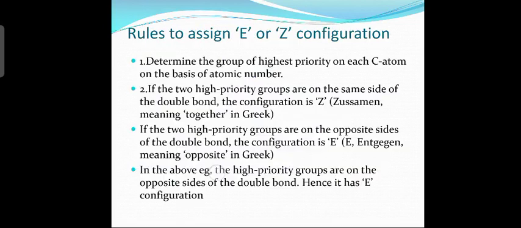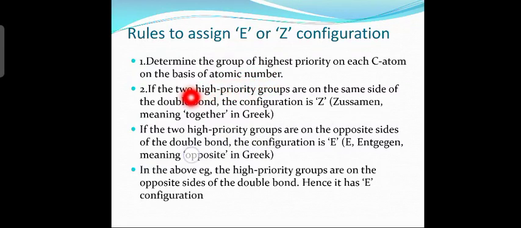Next, the rules to assign an E or Z configuration. Let us see which are the rules. First rule, determine the group of highest priority on each carbon atom on the basis of atomic number. Now you have got to give the priority. Highest priority goes to the highest atomic number atom or element.